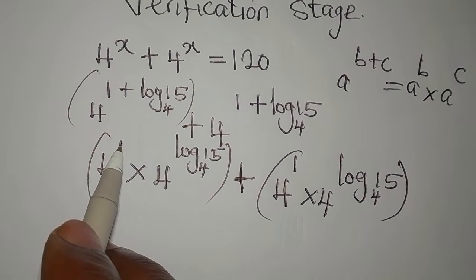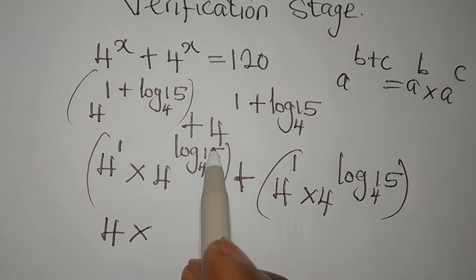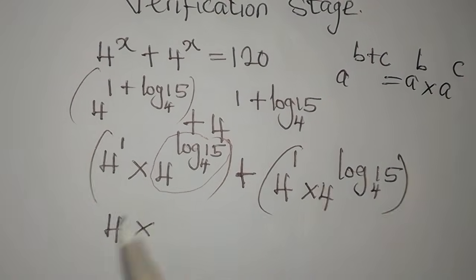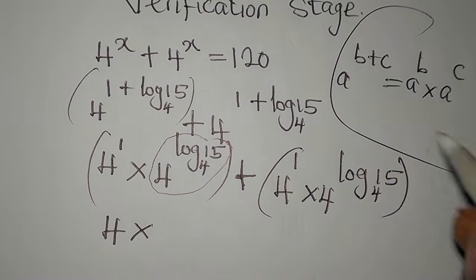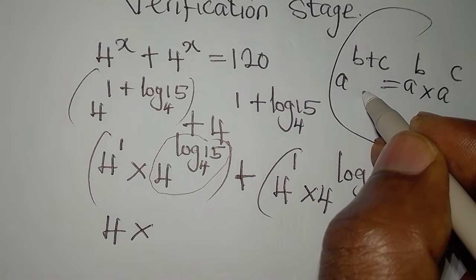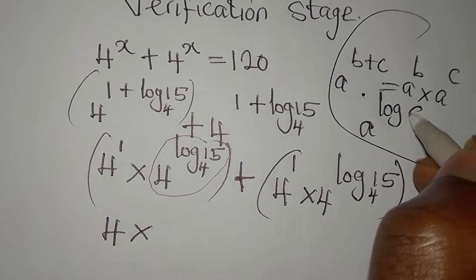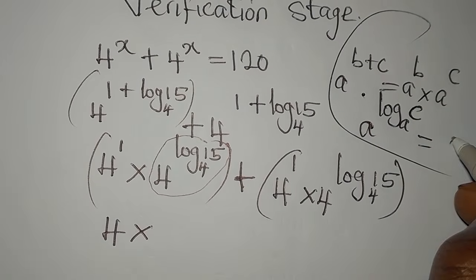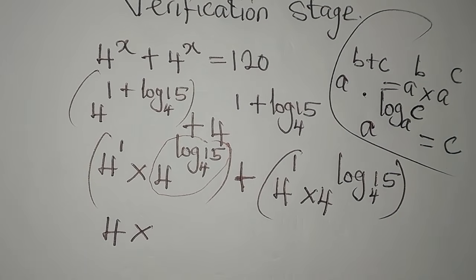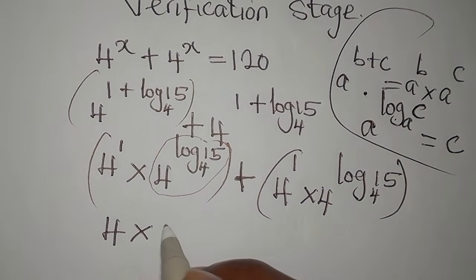Then 4 to the power of 1 is 4. Then times here, we're going to apply another law. And the law says if you have a to the power of log c to base a, everything here is equal to c. So we can relate this to what we have here, so that the whole of this will be equal to 15.